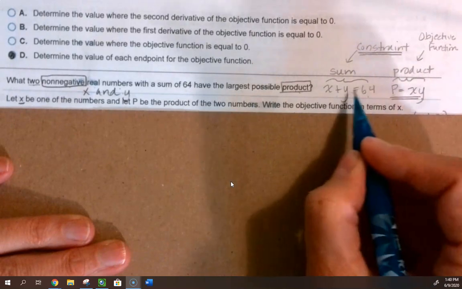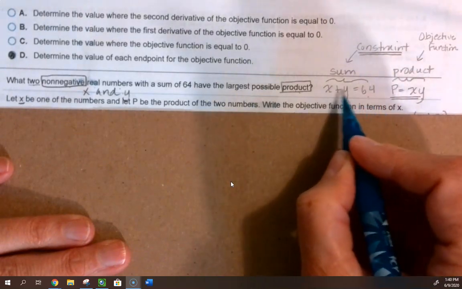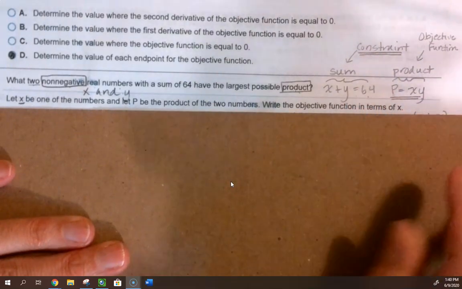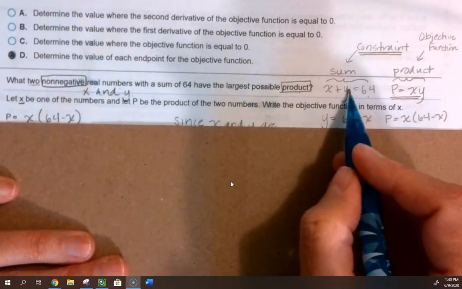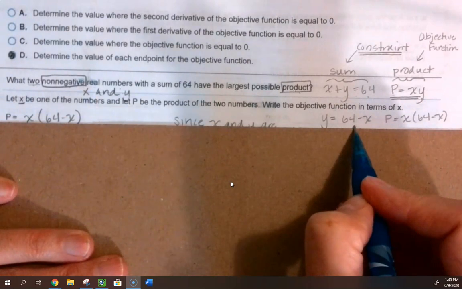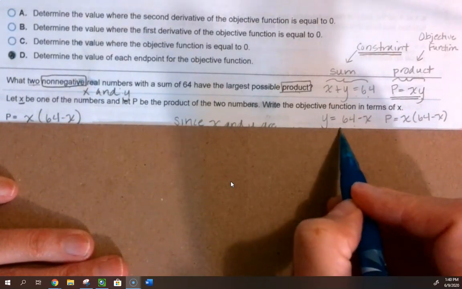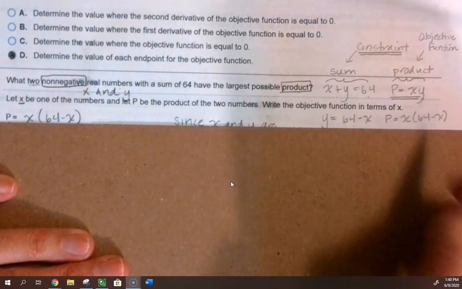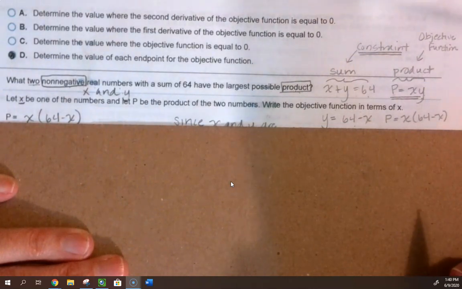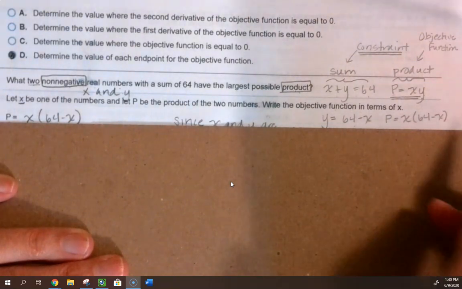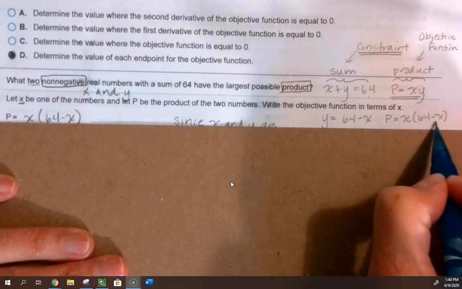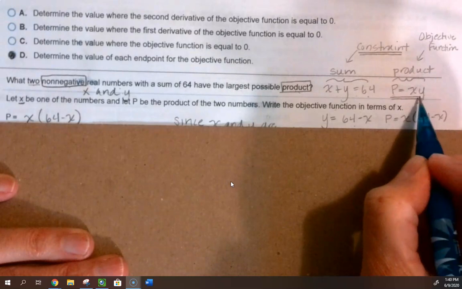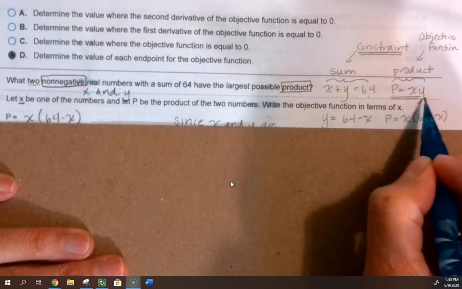So to get rid of y, I'm going to use this constraint and solve for y. If I solve for y, I get y equals 64 minus x. I'm going to take this 64 minus x and put it in for y in the objective function. So now I have the product equals x times 64 minus x. I substituted 64 minus x in for y.